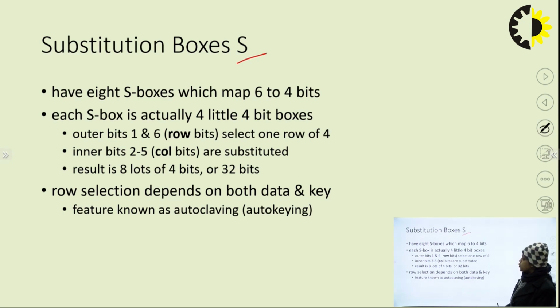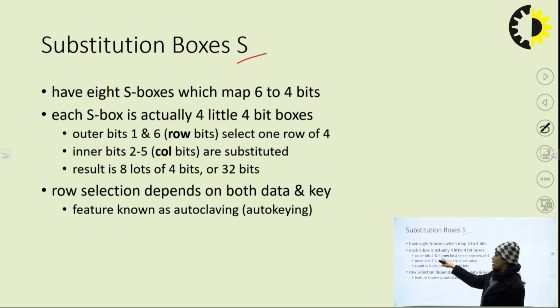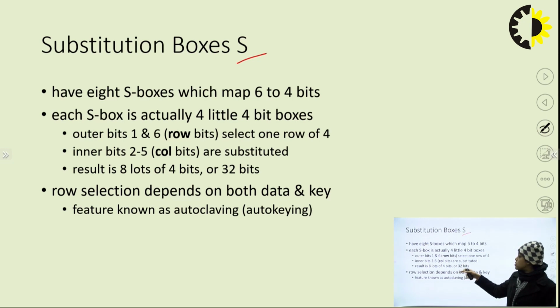Each S-box is actually 4 little 4-bit boxes. Outer bits 1 and 6, that is the row bits, select one row of 4. Inner bits 2 and 5, that is the column bits, are substituted, and the result is 8 lots of 4 bits, or 32 bits.